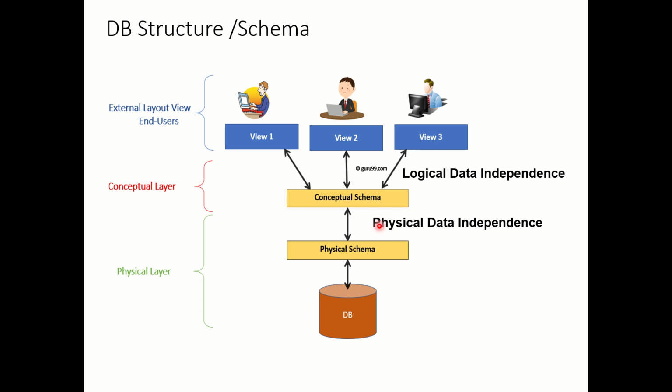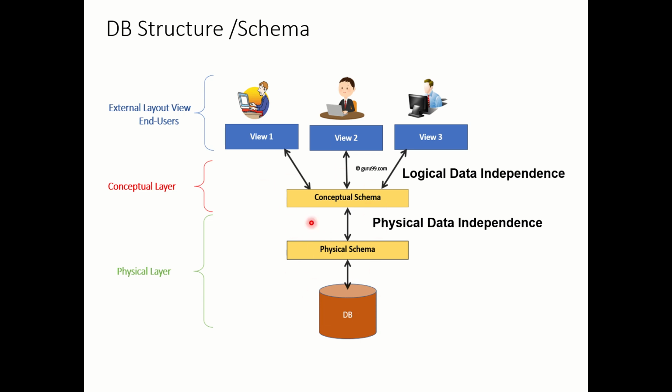So we will have physical data independence. If some changes happen in the physical schema, they will be independent of the conceptual schema, and if some changes happen at this level, the presentation view, how it is presented to the users, will not get affected immediately. You have complete hardware independence and partial software independence here.